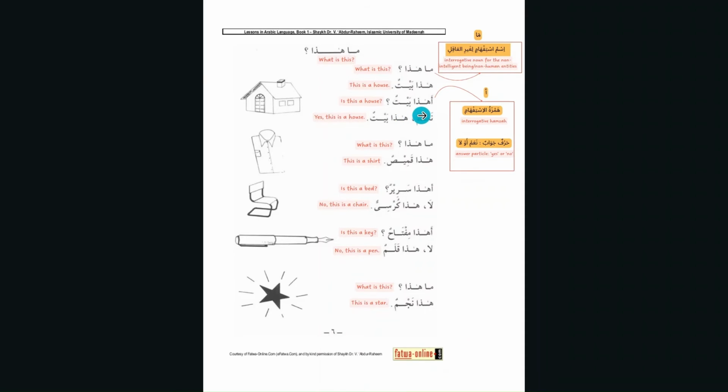And for our answer to those yes-no questions, we use na'am for yes and la for no. The key to mastering this is practice. Practice, practice. Review the words and phrases, say them out loud, and try to use them. You can rewatch this video as many times as you need. Now, let's practice. Tamrin.